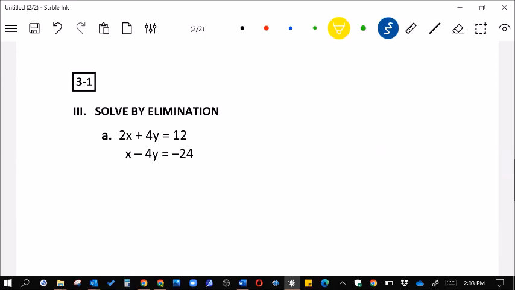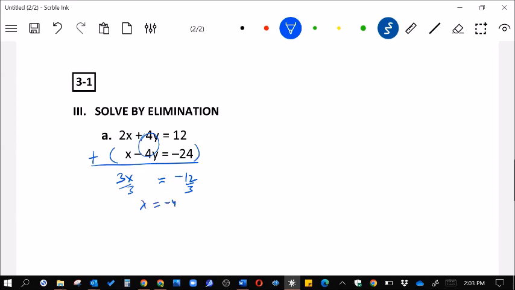So on this one, remember that you can simply add the equations. So I can add 2x plus x and get 3x. 4y take away 4y, well, that's a 0, so I don't need to include it anymore. And 12 plus a negative 24 is a negative 12. Divide by the 3, x equals negative 4.